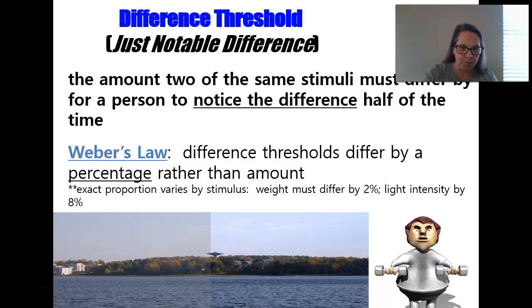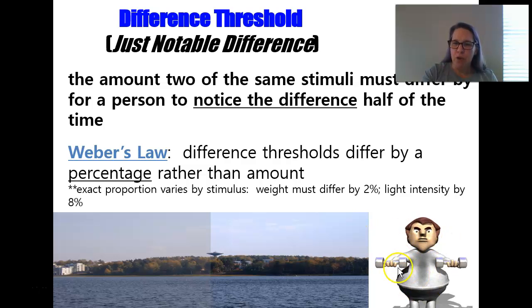So for example, if you look at these two images right here, how much of a difference do you need to see between the left-hand side and the right-hand side for you to be able to tell the difference? And again, always reported in a percentage.